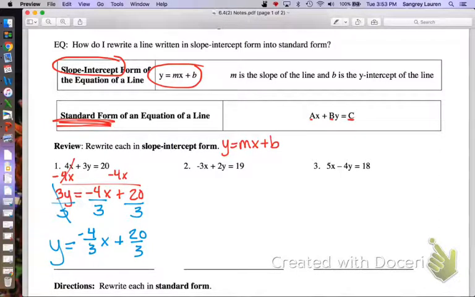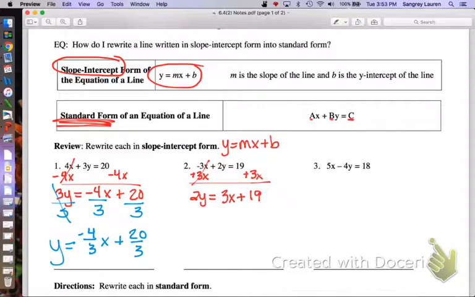Let's try number 2. Y is not alone. We have a negative 3x and a 2, but we have to get rid of the 2 last because it's right up against the y. So to get rid of the negative 3x, we have to add 3x to both sides. So we're left with 2y equals, we write the x's first, so 3x, and then plus 19.